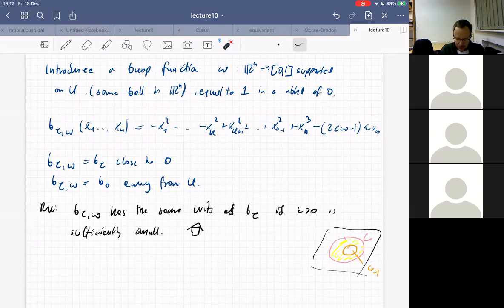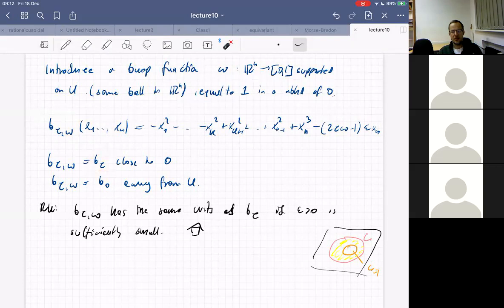So then if you define, for example, the length of the gradient, which is quite a good bound for it. And then you see, okay, if I take epsilon sufficiently small, then the length of the gradient of epsilon omega will be very, very small in this region when compared to the length of the gradient of b tau.